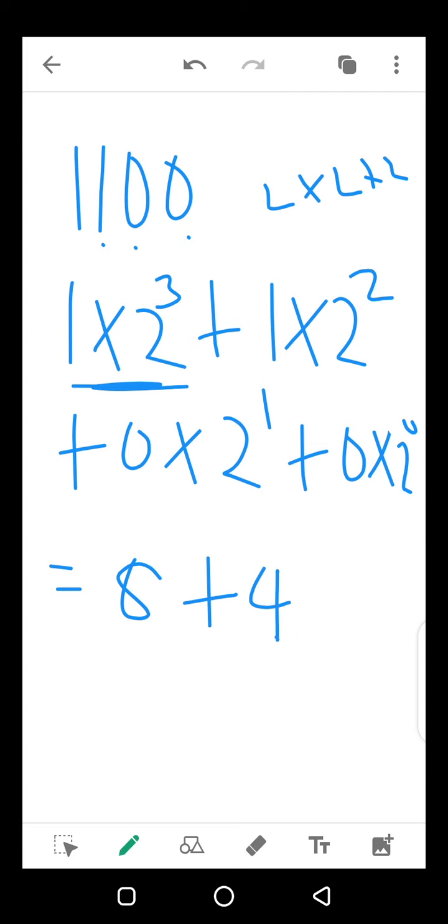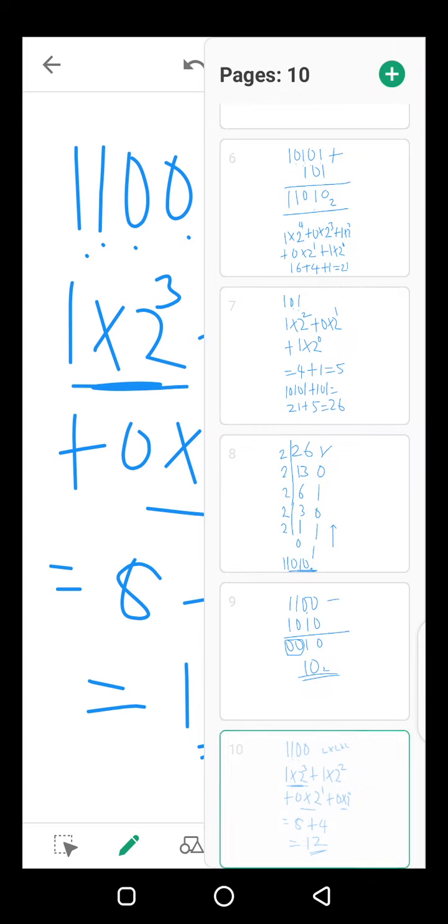This is 0. Anything times by 0 is 0. This is also 0. So what we are going to have is 8 plus 4, which is 12 for the first number.